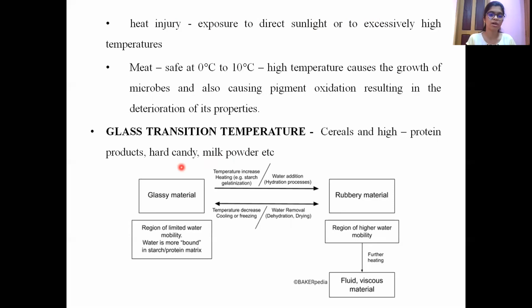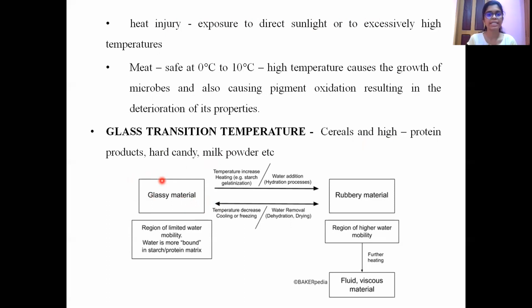Generally, foods in a glassy amorphous state remain in a glassy amorphous state when they are maintained below the glass transition temperature. Just as fruits and vegetables have their own freezing point, every product, like cereals or high protein products, has its own glass transition temperature.